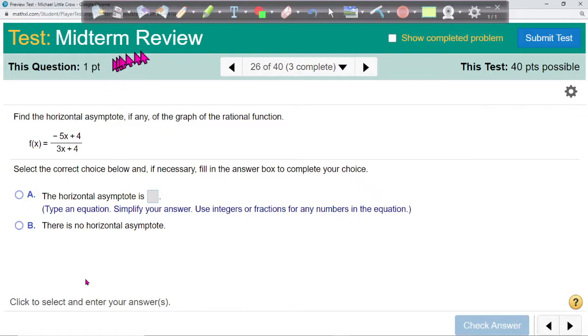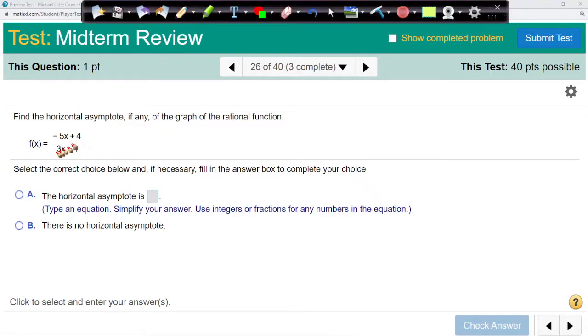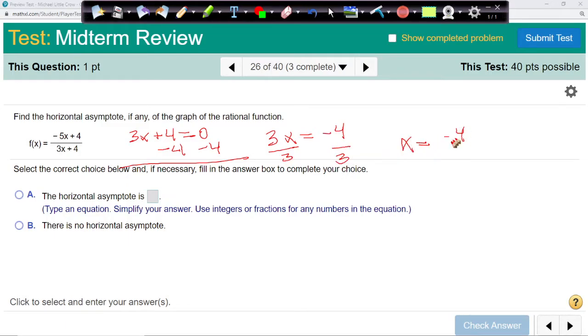So we will get an asymptote whenever the denominator equals 0. So we'll subtract 4 from both sides, giving us 3x equals negative 4. We will divide both sides by 3, giving us that x equals negative 4/3.